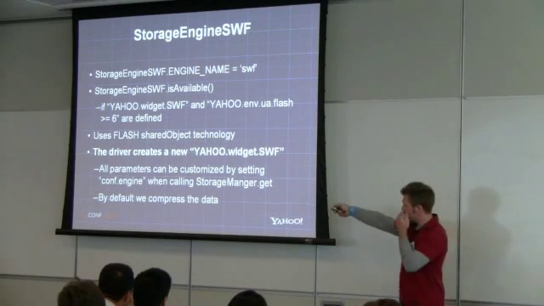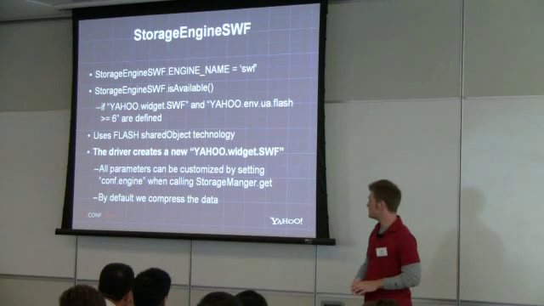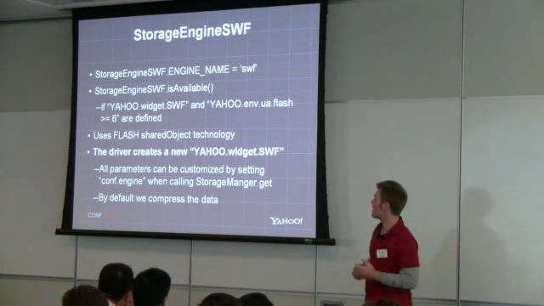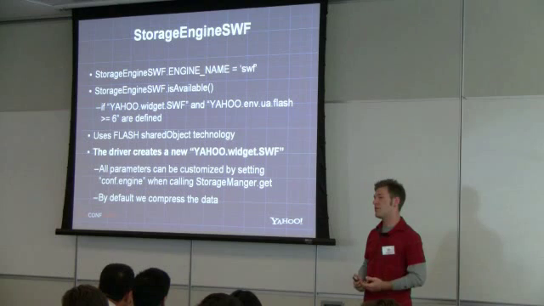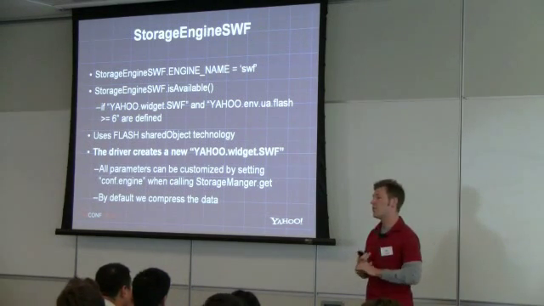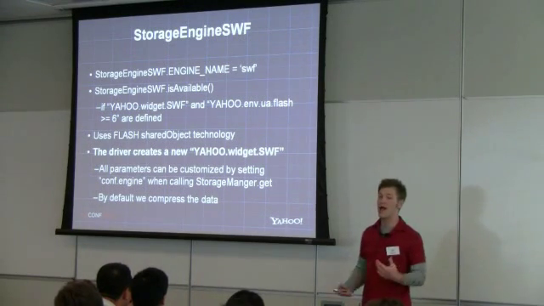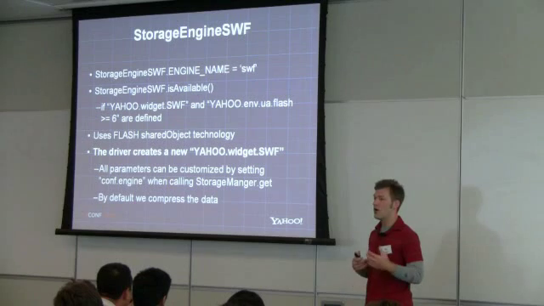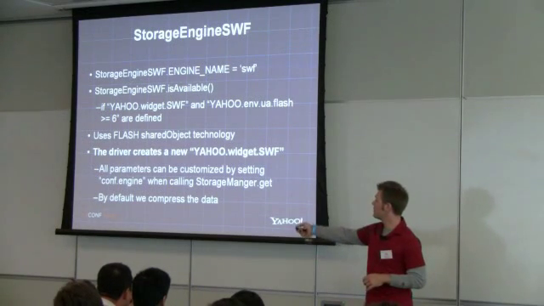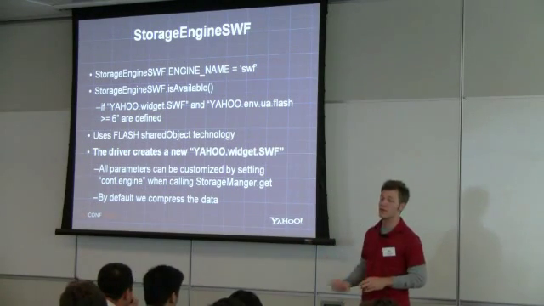As I was saying, the driver here is going to be an instantiated Swift widget. There are a lot of parameters that can be customized here. Do you want to compress? What ID do you want the container to be? Do you want additional attributes applied to the Swift object? All this stuff can be passed using the configuration, config.engine, that was passed into the get method.